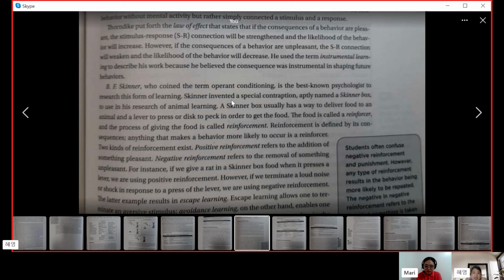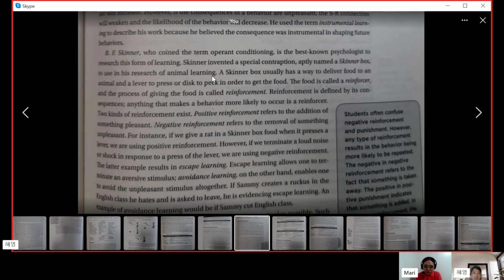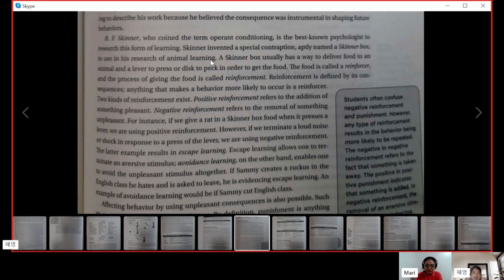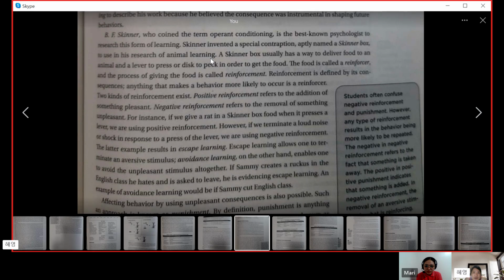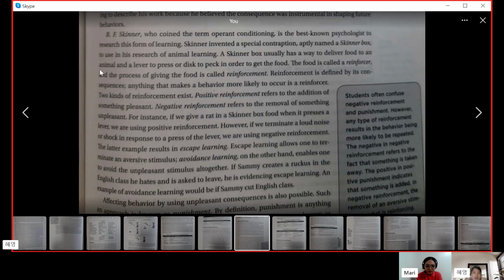Skinner invented a special contraption, aptly named a Skinner box, to use in his research of animal learning. A Skinner box usually has a way to deliver food to an animal and a lever to press or a disc to peck in order to get the food.